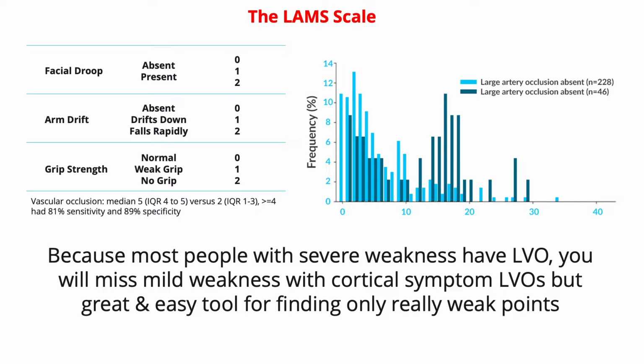Again, the reason why it works, as you can see on this picture here, is most people with severe weakness do have LVO. But if you go backwards, look at all those LVOs with low NIH stroke scales. See that? See that? And so it works great if you're just worried about the large ones, but if you're really going to try to capture 70%, 90% of LVOs, you really can't use severity only.